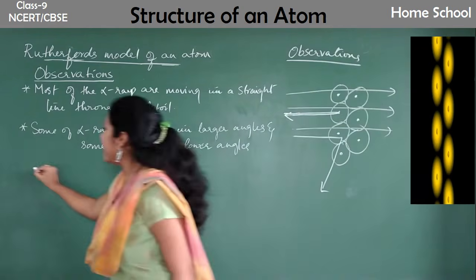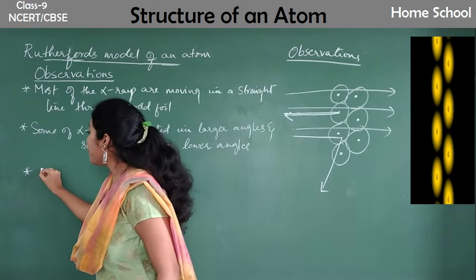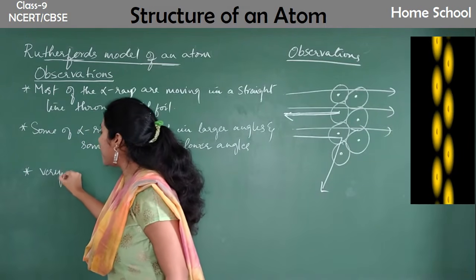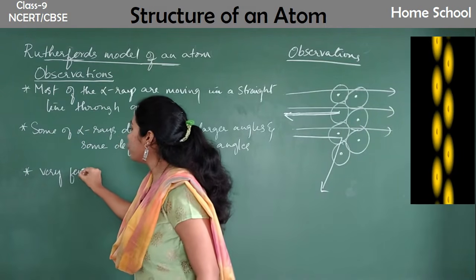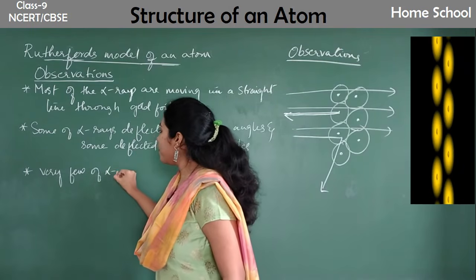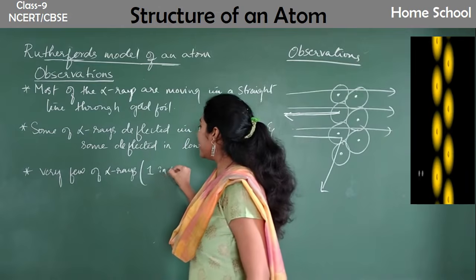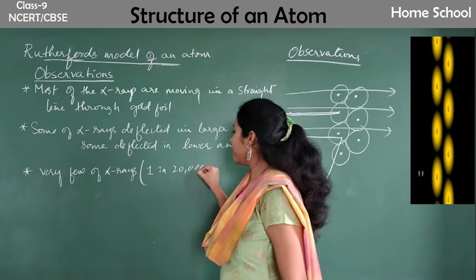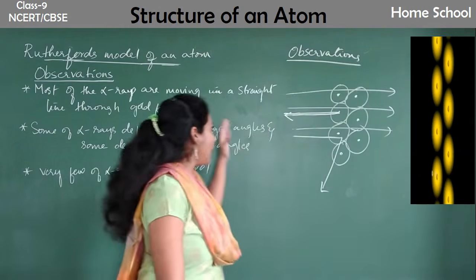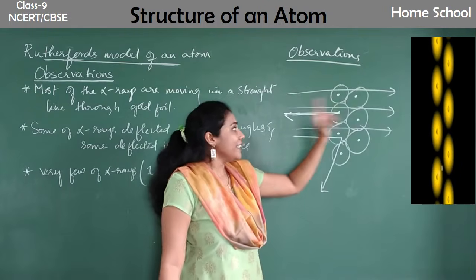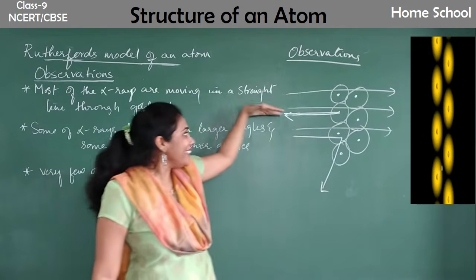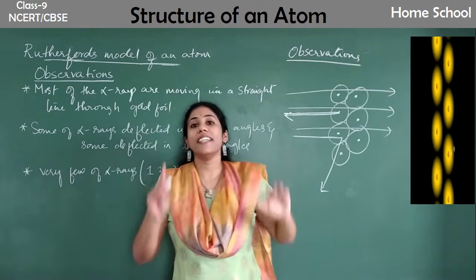Okay, and the next point is very few of the alpha rays, at least 1 in 20,000 rays. If 20,000 rays are passing through gold foil, at least one ray will be completely deflected back at a 180-degree angle.